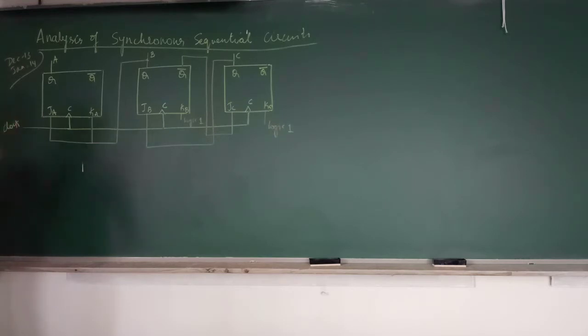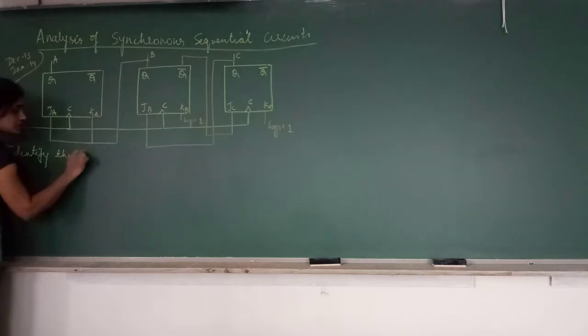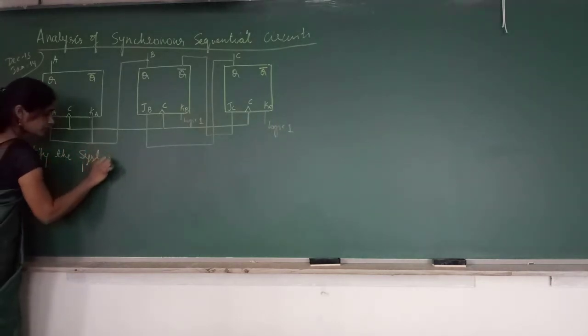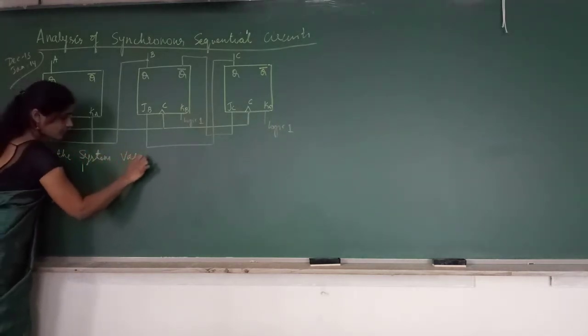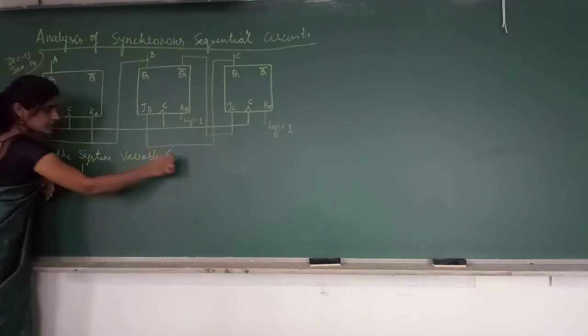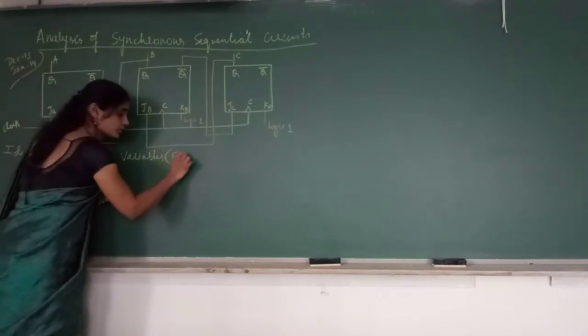So we have steps, a procedure to analyze sequential circuits, and let us see what that procedure is. The first step in the procedure to analyze a synchronous sequential circuit is to identify the system variables. What are system variables? Flip-flop outputs.